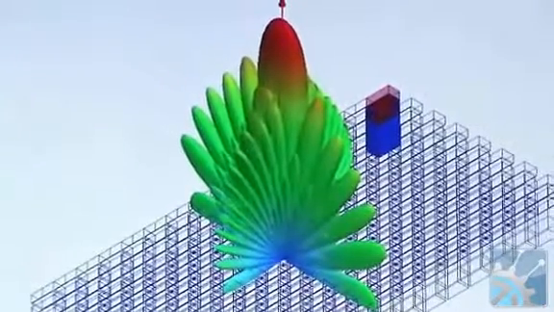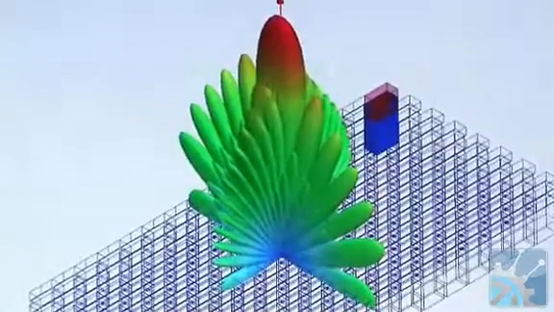Now, since then, it's expanded to more types of solver technologies, more types of solver techniques. We've improved the GUI experience. We've made interacting with the software much easier for the everyday engineer who isn't necessarily an expert in electromagnetics.